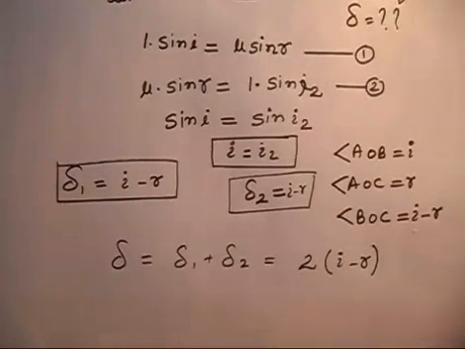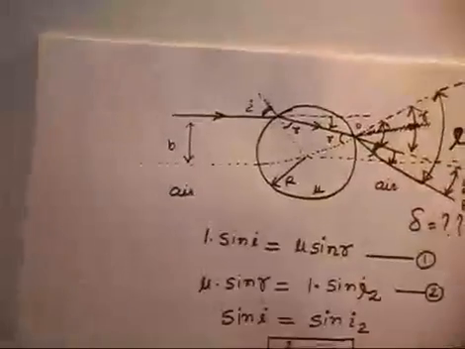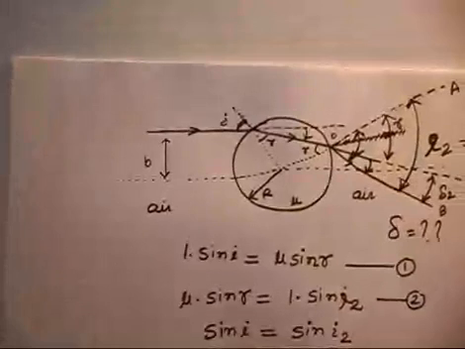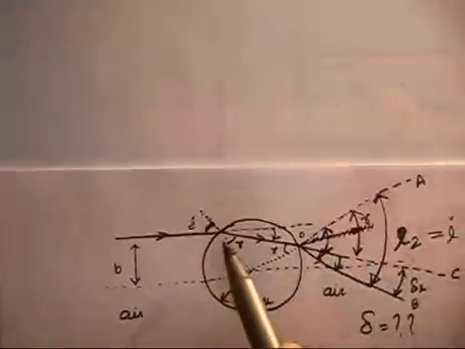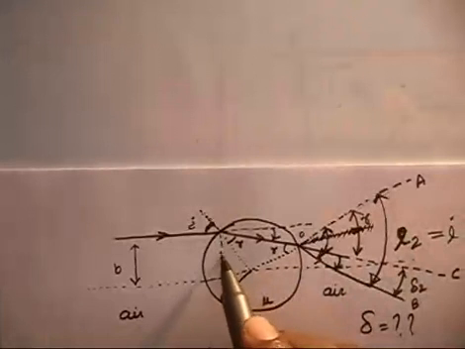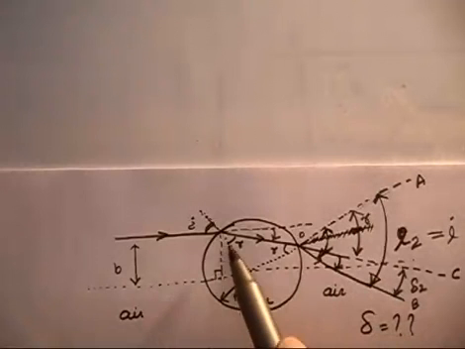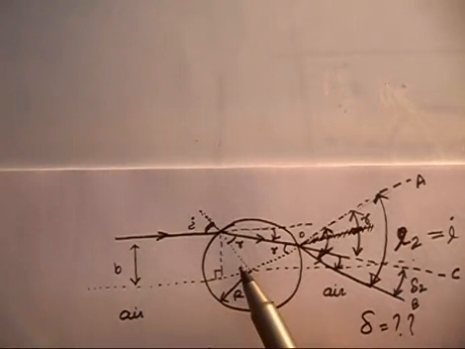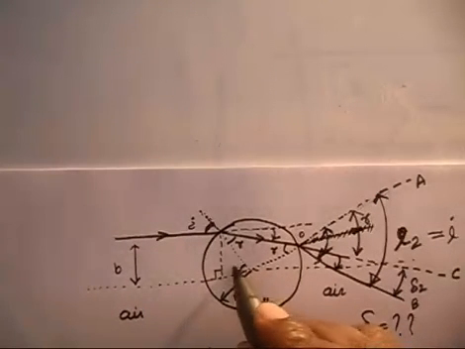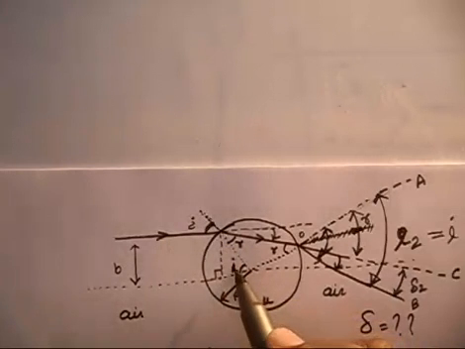If I find sine I, let us draw a perpendicular, because this length is B. If I draw a perpendicular here, this distance is B and this distance is capital R, because this is the radius. Now this angle is I, because of alternate angles. These two lines are perpendicular, so this angle is I, this angle is also I.